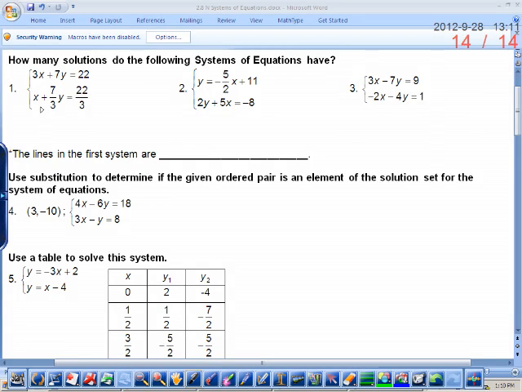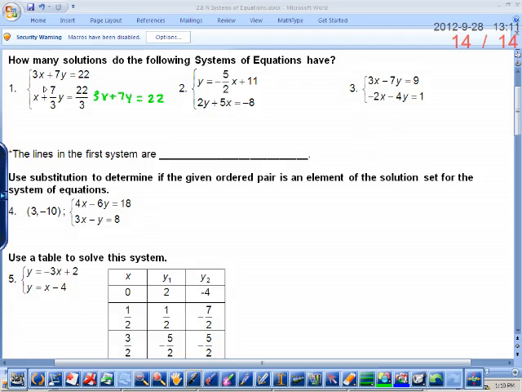In the second equation, we divided everything up here by 3, right? So if I multiplied this whole equation by 3, I would get 3x plus 7y equals 22. What is true about that one and that one? They're the exact same line.